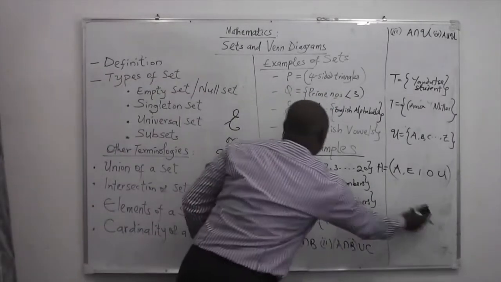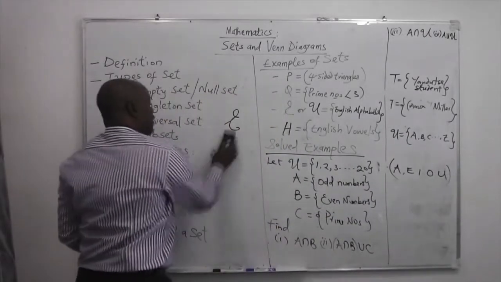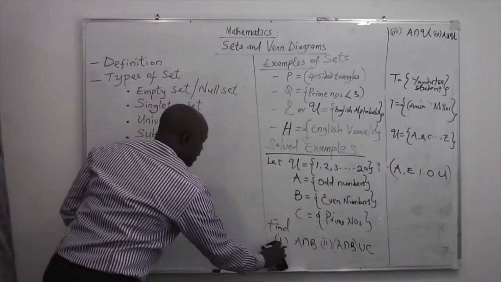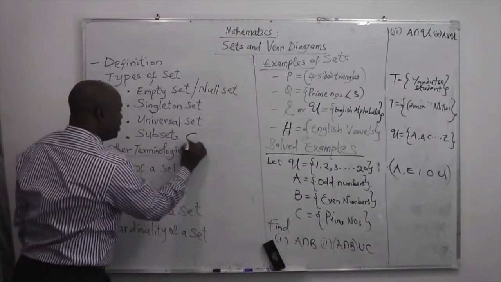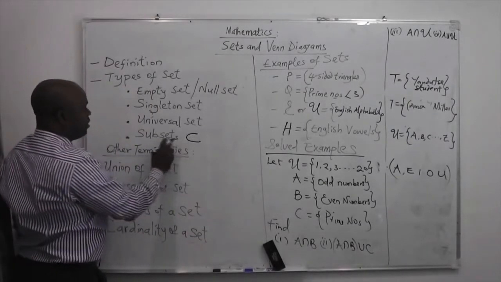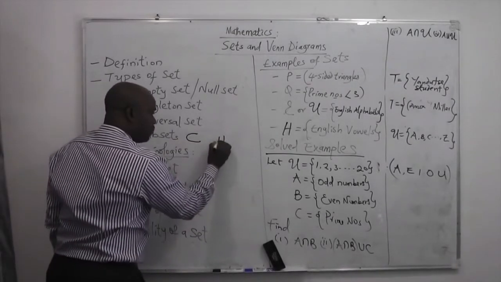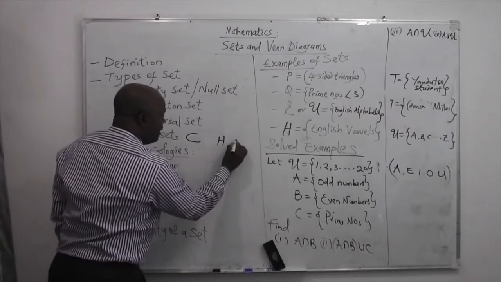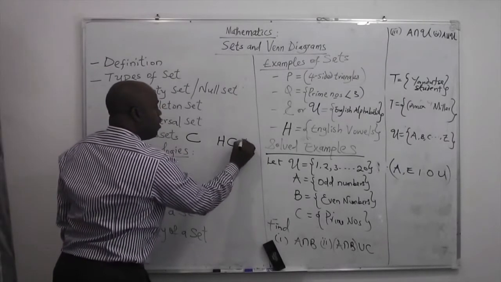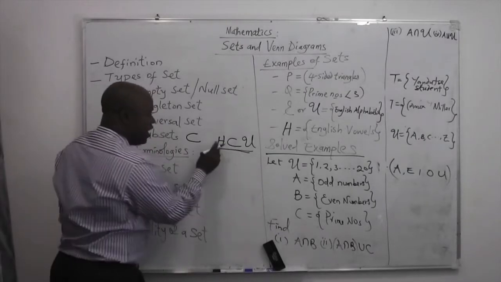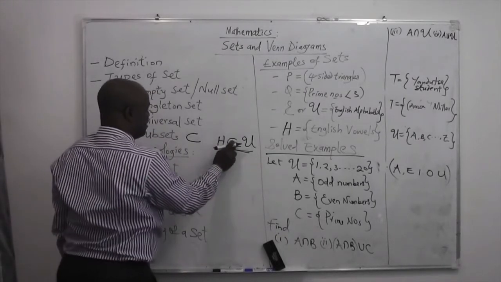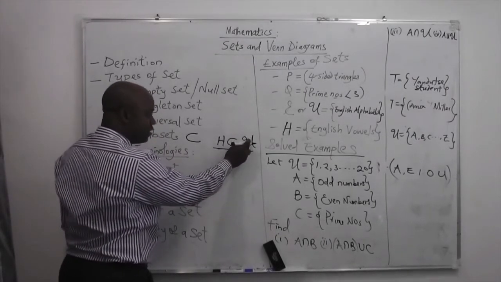Usually, in terms of set terminology, if you are going to say H is a subset of U, you use this notation to show that this H, which is English vowels, is a subset of the universal set. That's what it means. That means H is contained in the universal set.